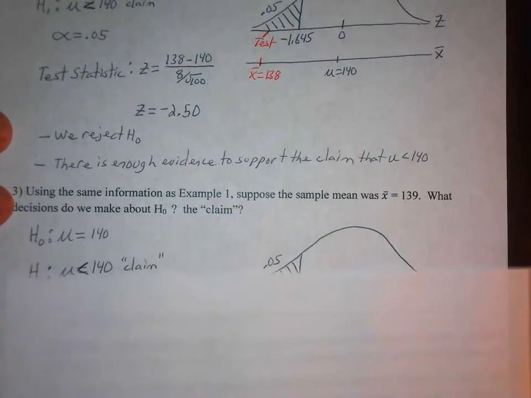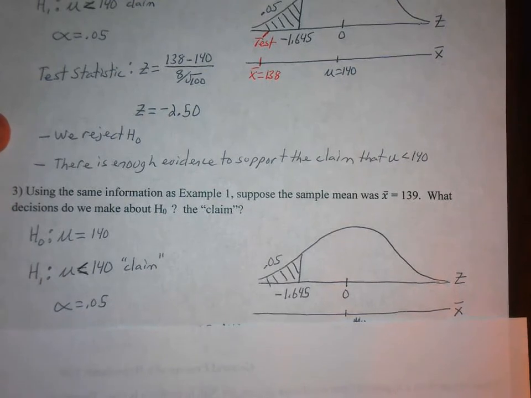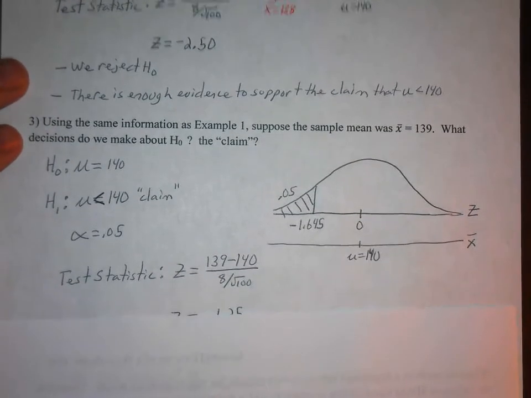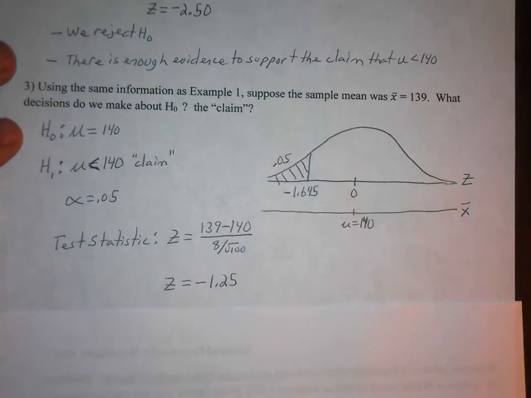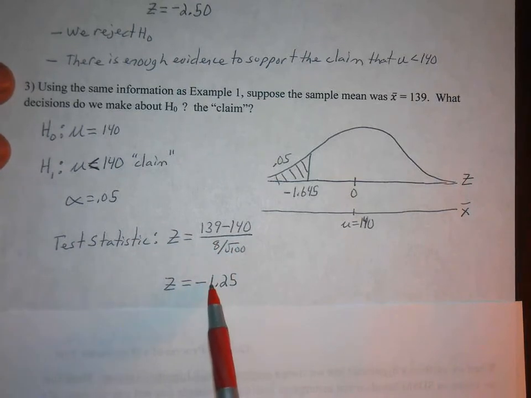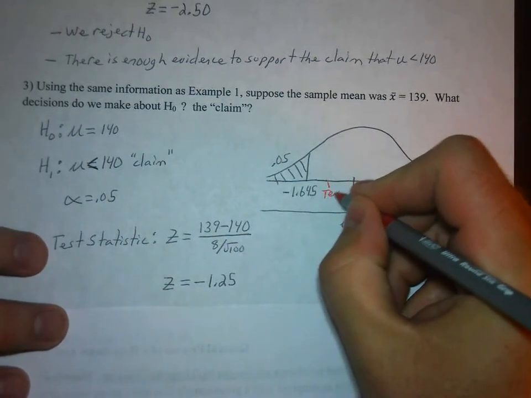Create your hypotheses, same as before. Rejection region, same as before, because alpha and your hypotheses didn't change. But now your test statistic, 139 minus 140 over 8 over square root of 100, is negative 1.25. So now that test statistic is right in here.